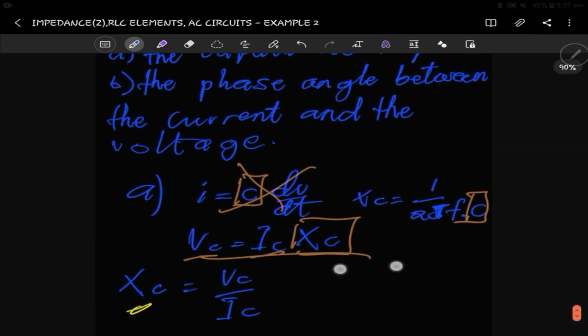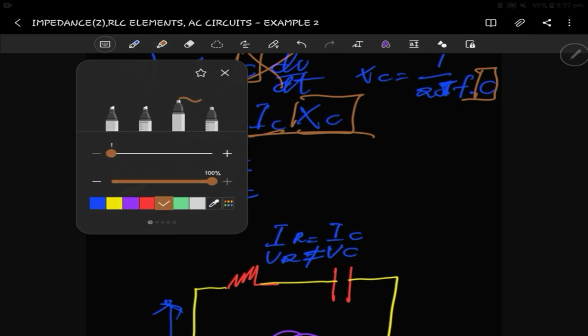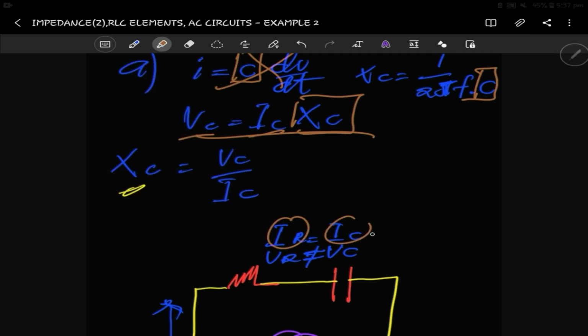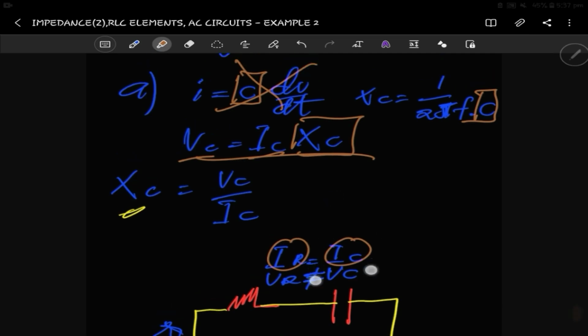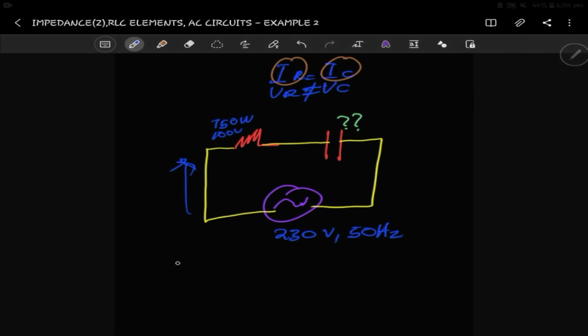The one that is easy to find is I_R, because when we have I_R, we'll have I_C. So let's go ahead and try to find I_R. We have nothing about the capacitor, but yes, we have the power. Let's make it P, the power P.